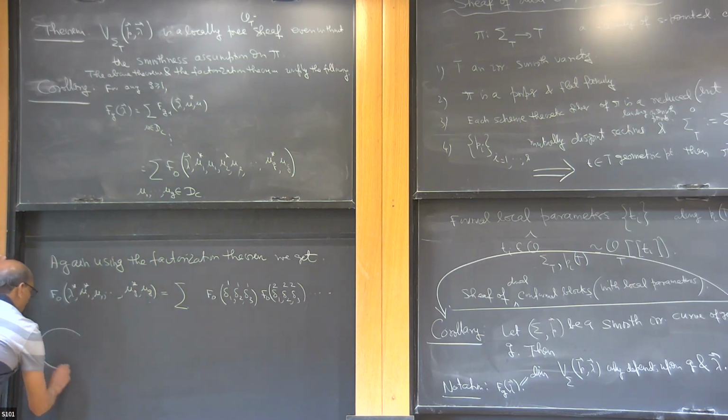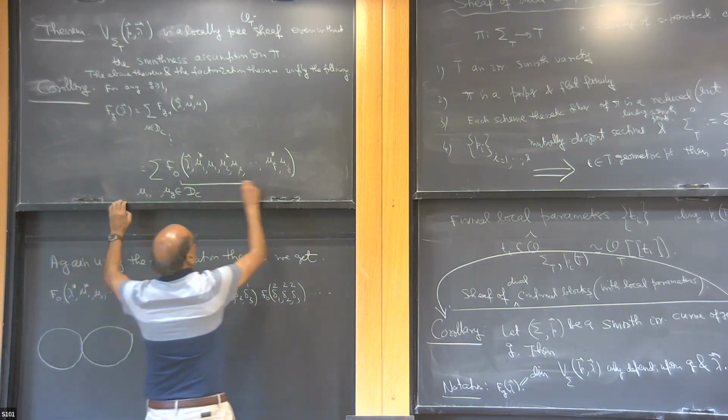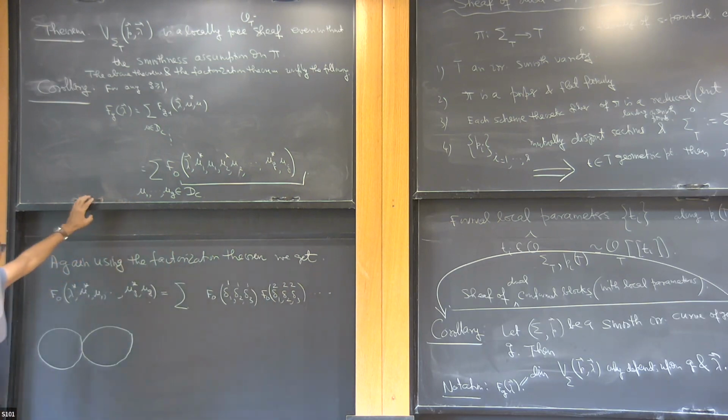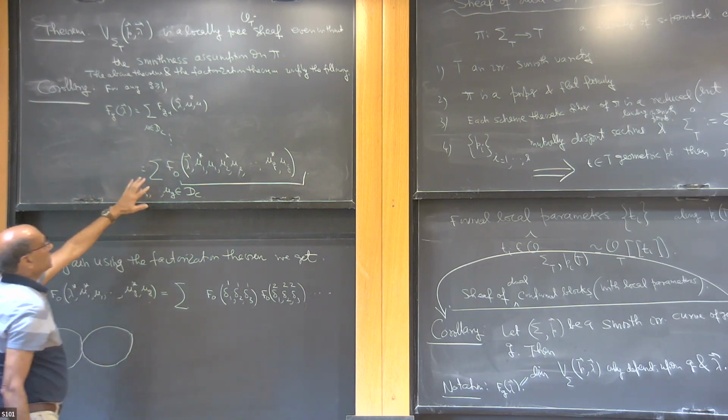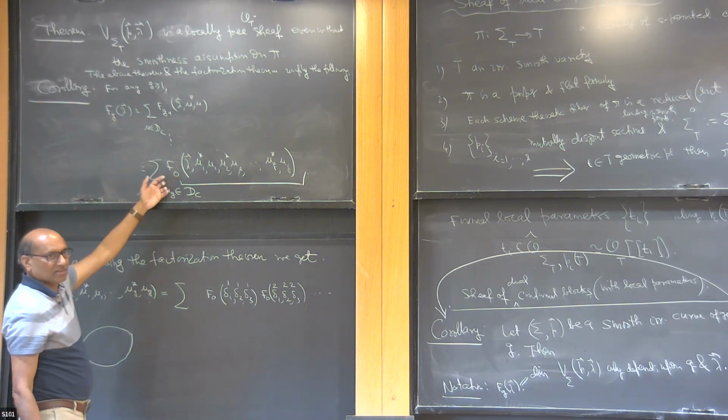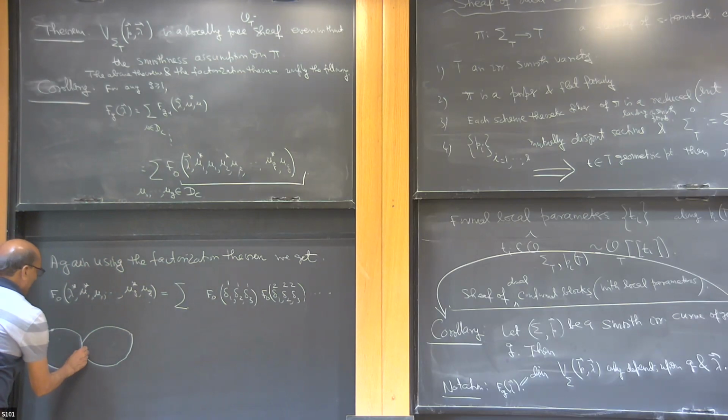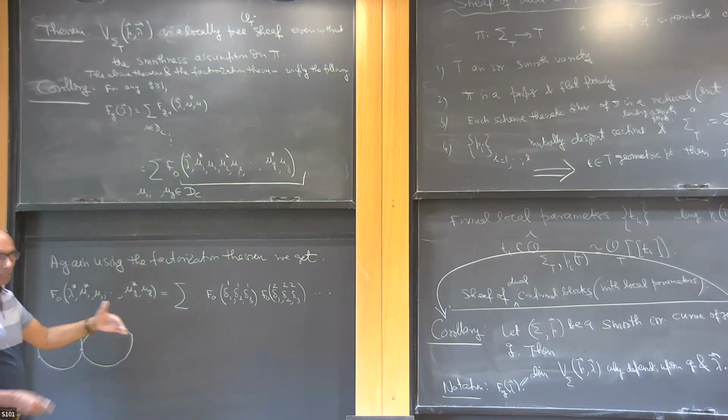But let me just say what the underlying geometry is, which I already said. So I have all these points. And now I'm going to take 2 of those points here and the rest of the points here. Now this is still a smooth P1, and this is still a smooth P1, but now I'm going to create a node, and then I'm going to apply the factorization theorem. I will keep 2 points here, and I created a node here and the rest of the points here, and then I keep on breaking this.